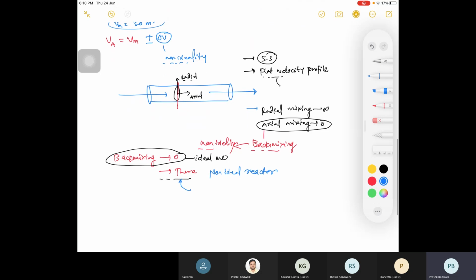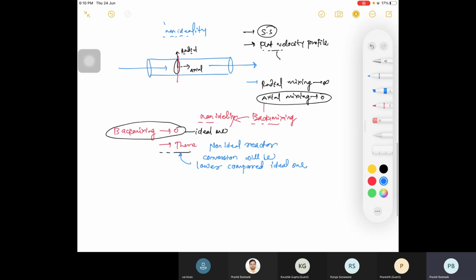Your conversion is obviously lower compared to the ideal one. As I said, for a given conversion, your volume should be as small as possible. So the volume of ideal is lower compared to the volume of non-ideal, and for a given volume, the conversion in an ideal reactor will be greater than the conversion in your non-ideal reactor.